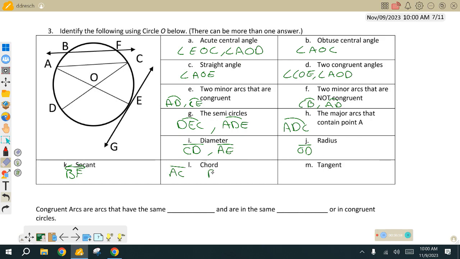And you could actually use that BF again and just drop off the 2 lines of that. And you could also say chord BF as well. That could double as a chord as well. AC is the obvious one. And the last one here, a tangent. EG, and on that tangent, looks like they're using a line. So I would go with line EG off that, because it appears to be a line. Okay? All right, that's where we will pause things here today.